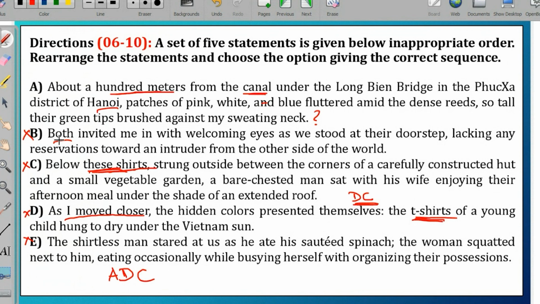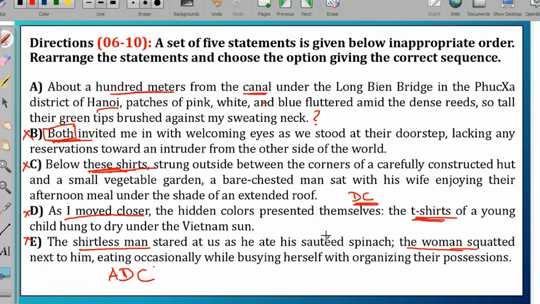Now both invited me. Now you can see that both invited me. Both मतलब कौन? Who both? उसका आंसर दिया है E में कि shirtless man और the woman next to him. ठीक है ना? Shirtless man एक हो गया and the woman who was sitting next to him वो दूसरा person हो गया. And both of them invited me. तो यहाँ पर भी आपका pair बन गया.